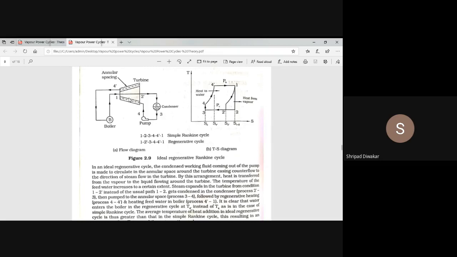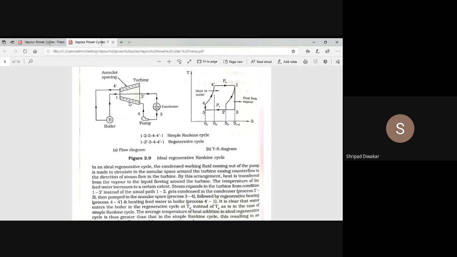This is called annular spacing, a space provided around the turbine casing. From the pump, it enters into the annular space on the turbine casing.